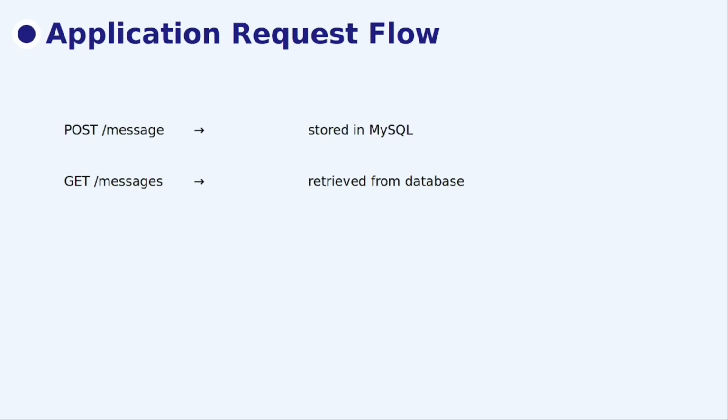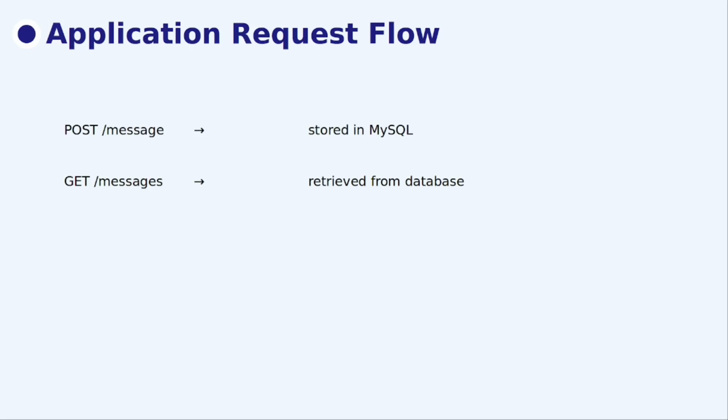Application flow from request to storage. Let's make this more concrete with our demo application. The application provides two simple APIs. When a user sends a POST request, the app receives the message, then stores it in MySQL.